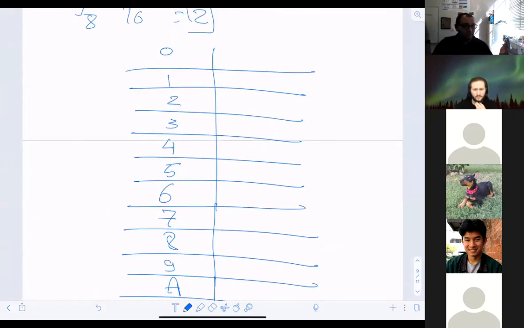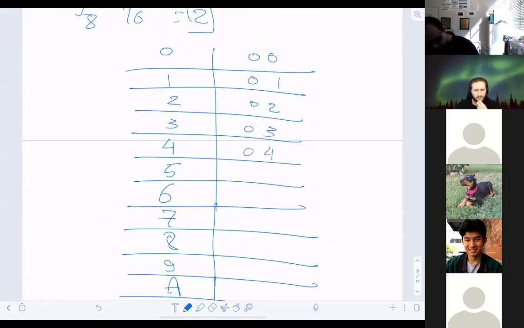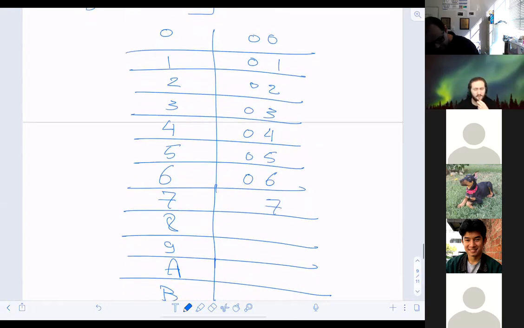So 2 digits, right? So 0, 0, 1, 2, 3, 4, 5, 6. Our top value is 7, right? Now we're gonna start incrementing.